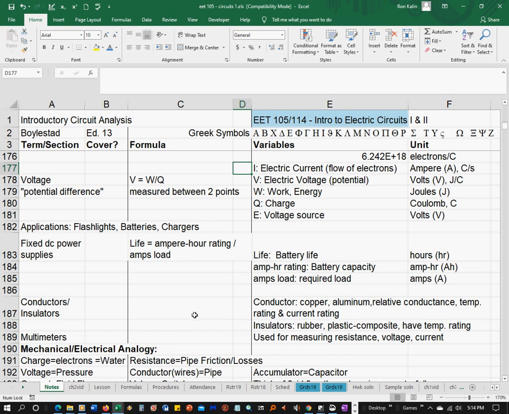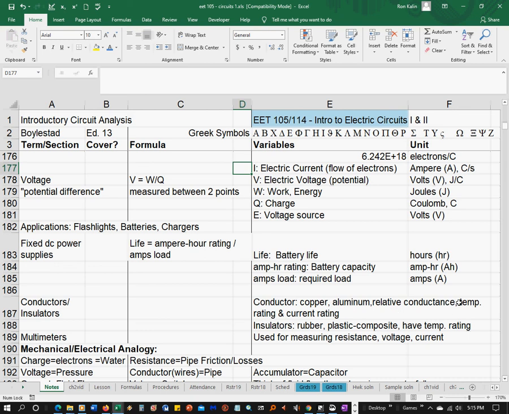Conductors and insulators. Conductors conduct electricity. Examples of a conductor would be copper, aluminum. They have a temperature rating and a current rating depending on their cross-sectional area, and their actual conductance changes based upon temperature.